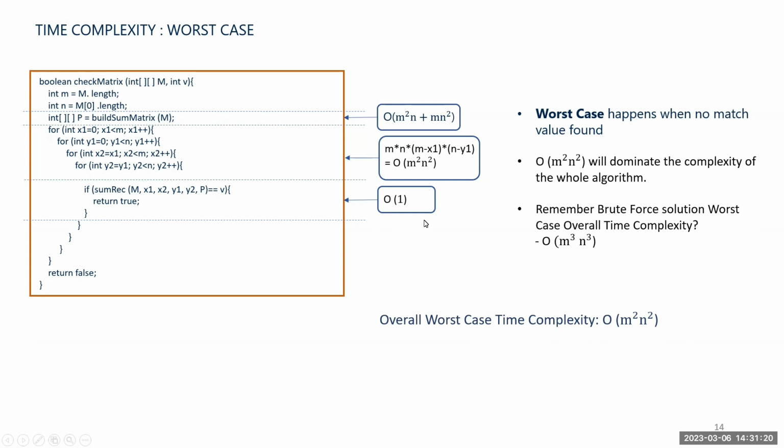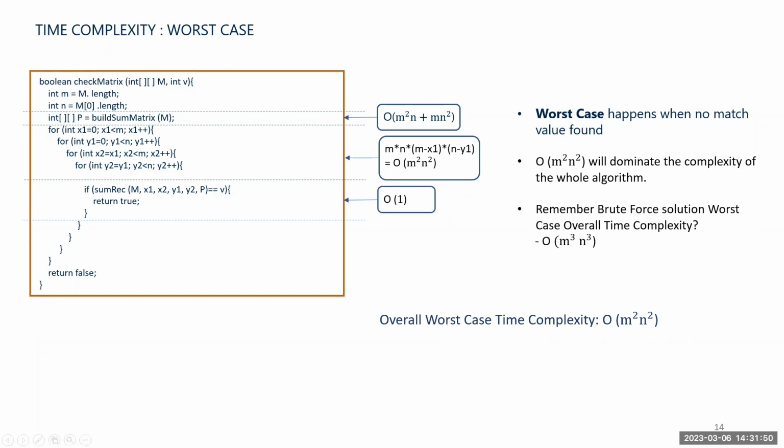So for the worst case, this 4-level nested loop will dominate the overall complexity of the solution. It's going to be O(m squared n squared). Remember, we talked about the brute force solution. Its worst case overall time complexity is O(m cubed n cubed).